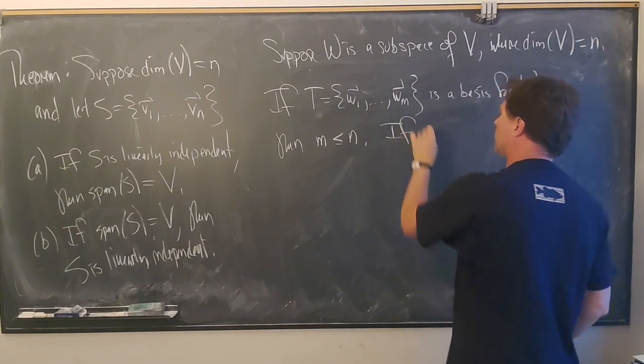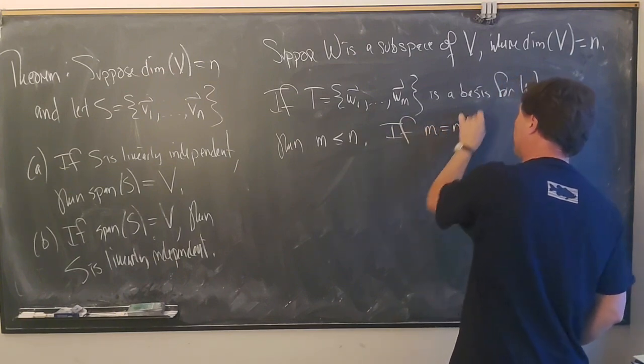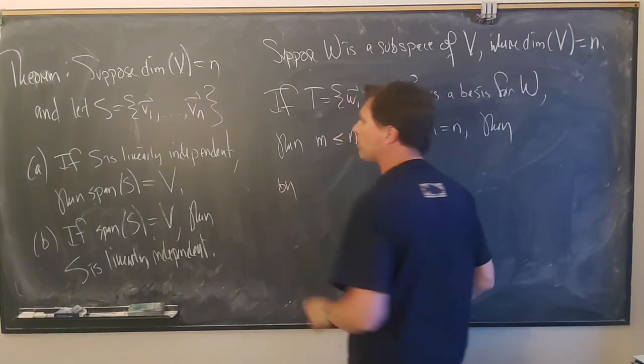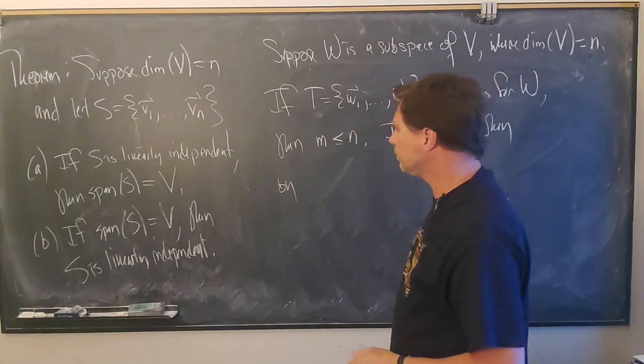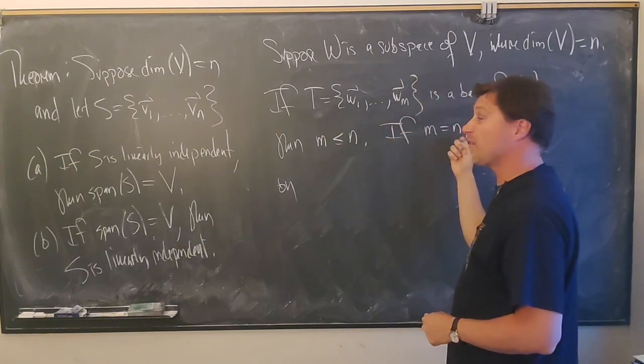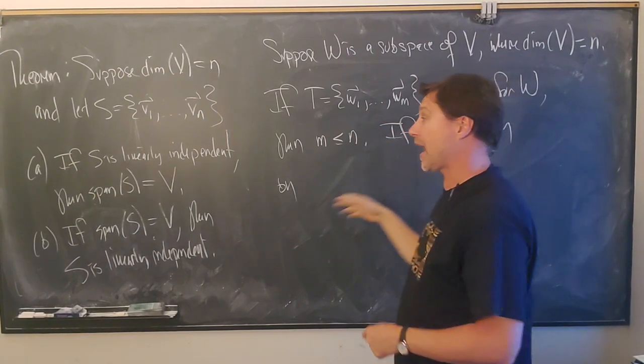If M is equal to n, then by our previous theorem, remember, it's a linearly independent set consisting of n vectors. That means it has to span.